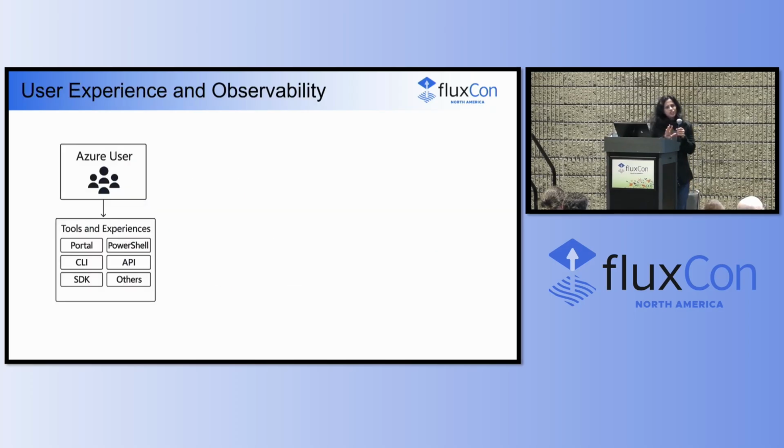So because of this ARM-driven experience, an Azure user who is already familiar with Azure tooling, already uses the Azure environment for setting up other resources, can use any of the tools and experiences that they're already familiar with to set up Flux as a cluster extension and configurations. So for example, an Azure user can use one of these several options like Azure Portal, Azure CLI, PowerShell.